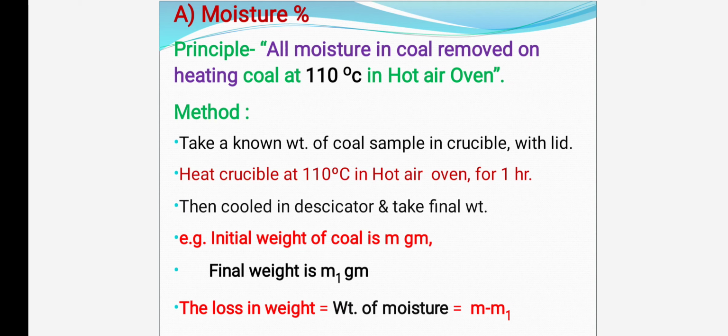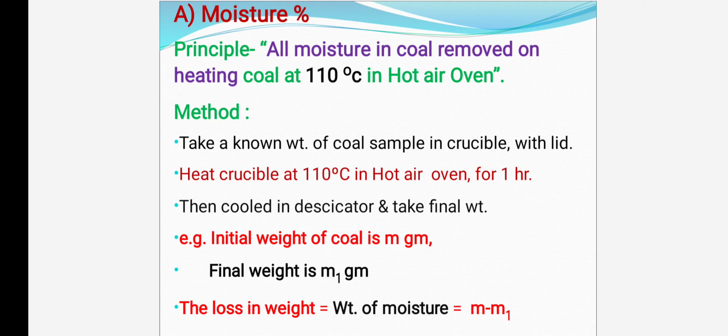Now for the formula, some considerations we have to make here. Initial weight of coal is m gram. So final weight is m1 gram. Final weight means the weight of the coal sample left behind after 60 minutes treatment in the hot air oven.